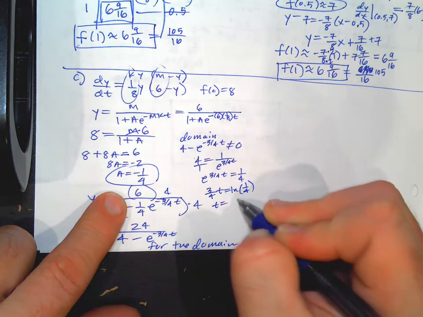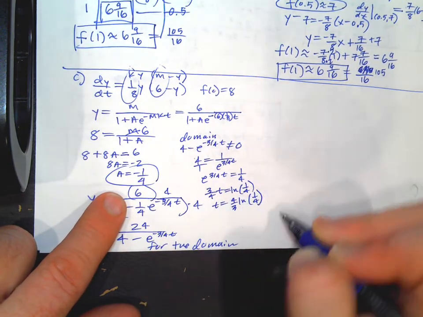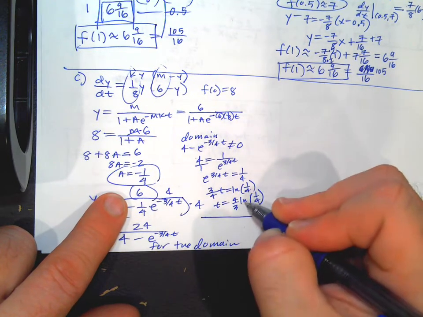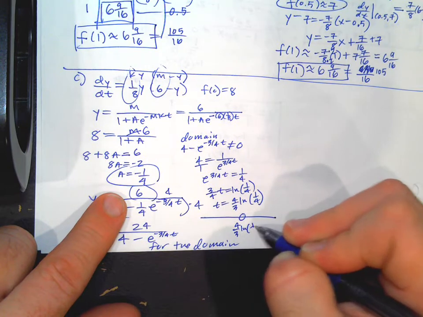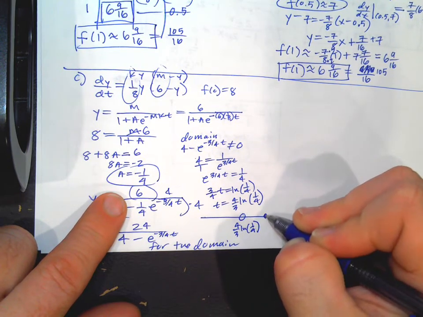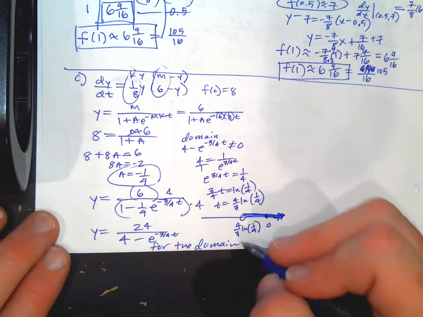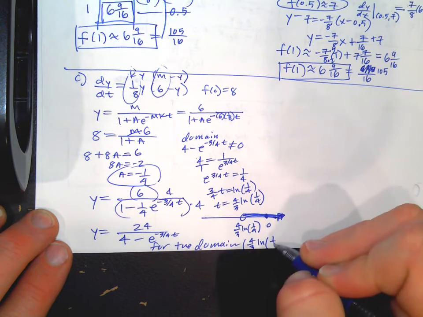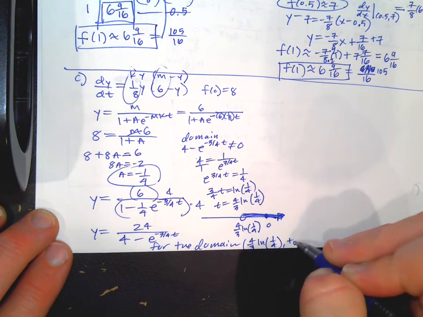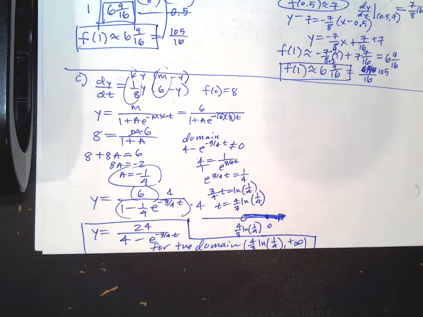Multiply both sides by 4/3. Now, on a number line, this is negative. Natural log of 1/4 is negative. So 0 is for sure to the right. So for the domain, 4/3 natural log of 1/4 to positive infinity is your proper answer.